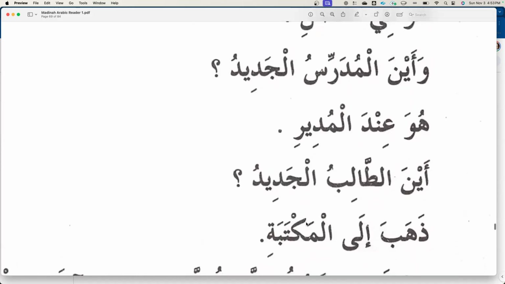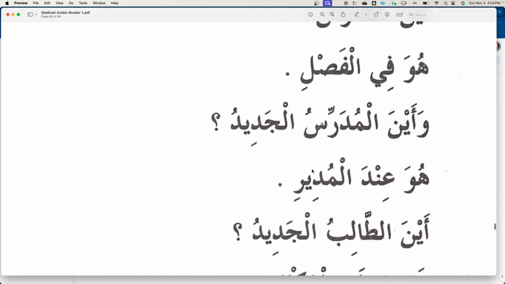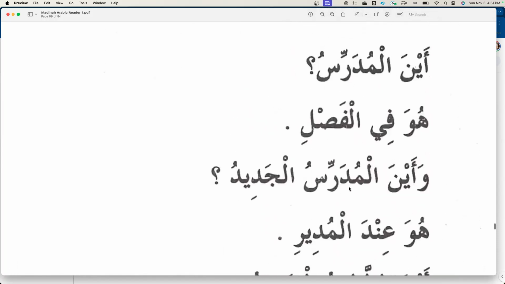Okay, so far in this lesson, we've introduced the definite adjectives, right? Al-mudarrisul jadidu. Before, in the previous part, we were doing mudarrisun jadidun, a new teacher. Now we're saying the new teacher, right?